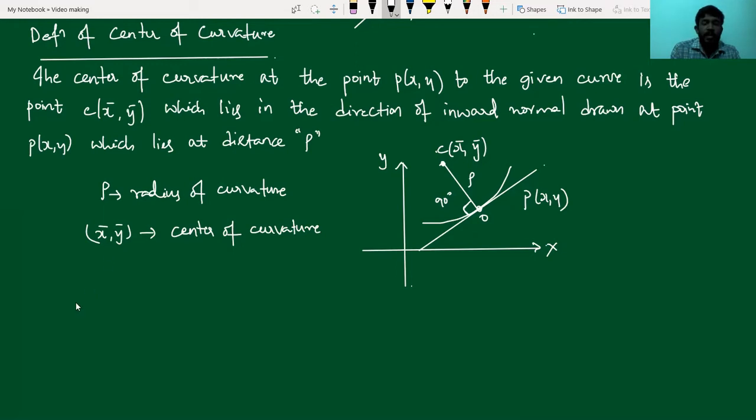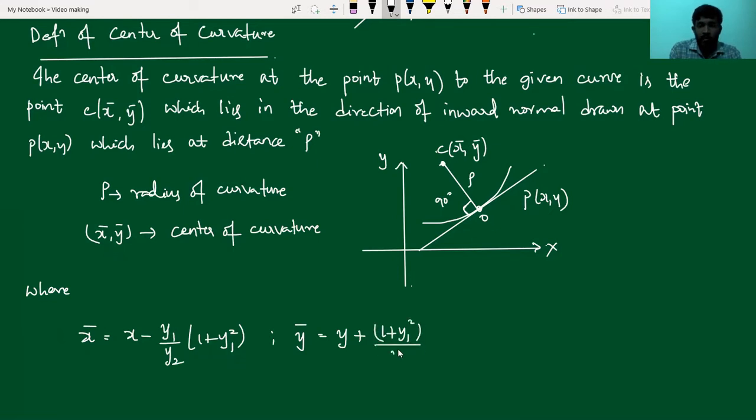Now the explicit formula to find out a center of curvature is given by, x bar is given by x minus y1 by y2 into 1 plus y1 square, and this y bar ordinate is given by y plus 1 plus y1 square divided by y2, where y1 is nothing but the first order derivative of the curve, it is dy by dx, and y2 is nothing but the second order derivative of the curve, it is d square y by dx square.